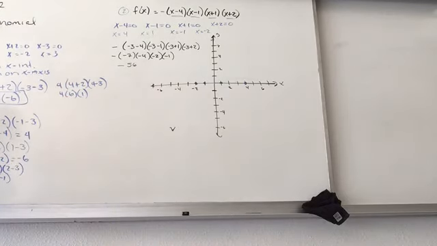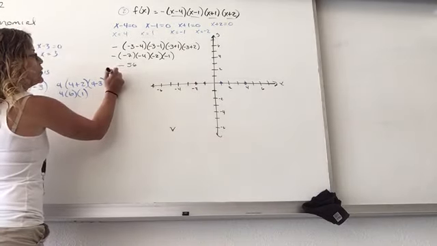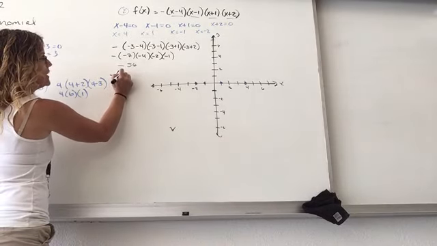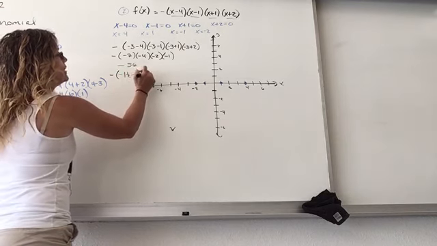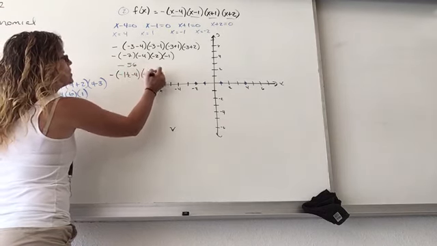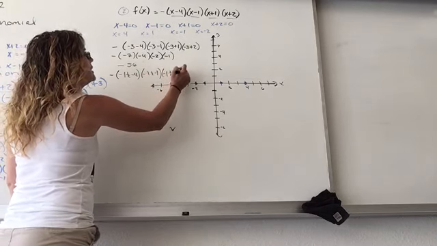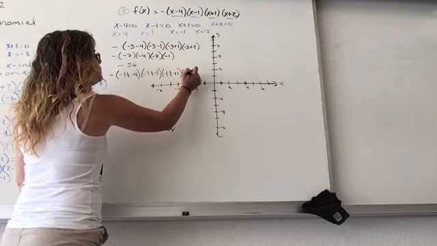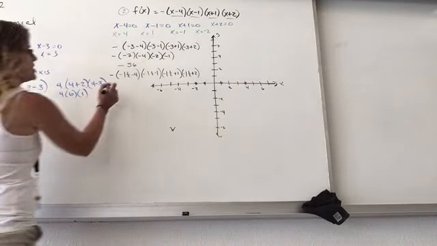Now, let's look at what's going on between negative 2 and negative 1. So we have to use a fraction here. Negative 1 and 1/2 minus 4, negative 1 and 1/2 minus 1, negative 1 and 1/2 plus 1, and negative 1 and 1/2 plus 2. All right, not my favorite thing to do, but we'll suffer through it.